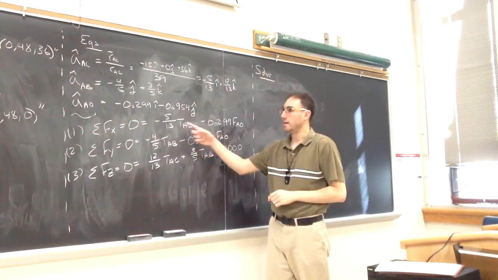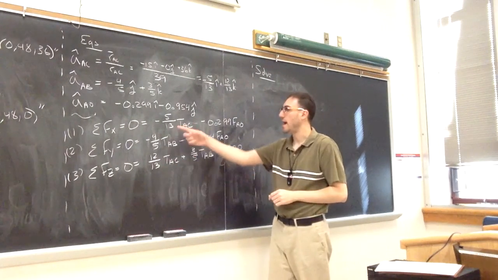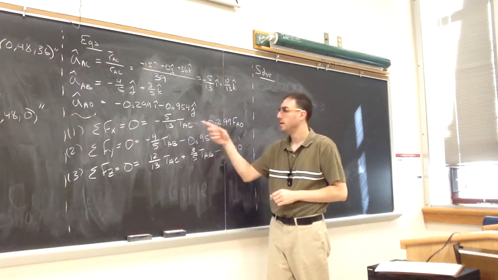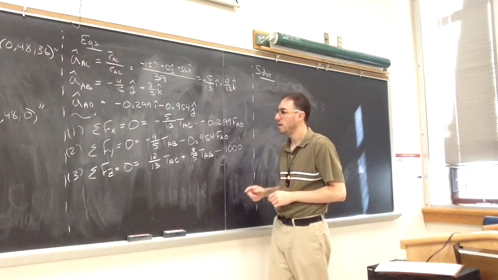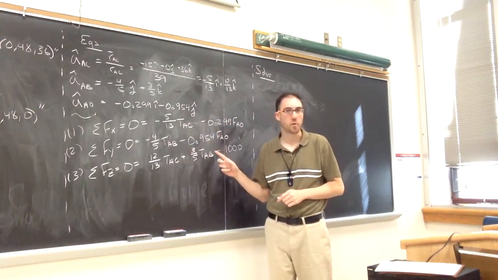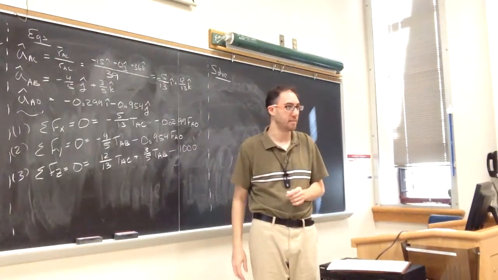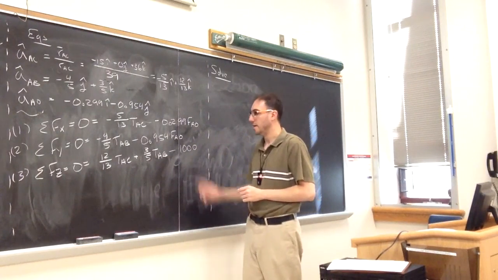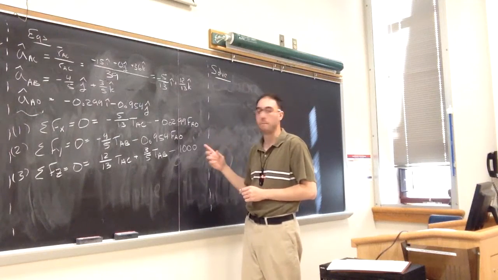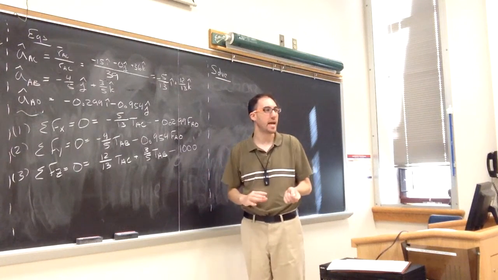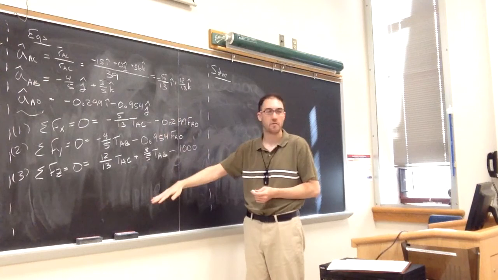Looking at these three numbered equations here, I have a total of three unknowns, TAC, TAB, FAO, and I have a total of three unique equations. So at this point, I at least know that I have a solvable system, if nothing else. Now, the actual numerics of it might not be easy to do by hand, but at least I can say it's a solvable system.